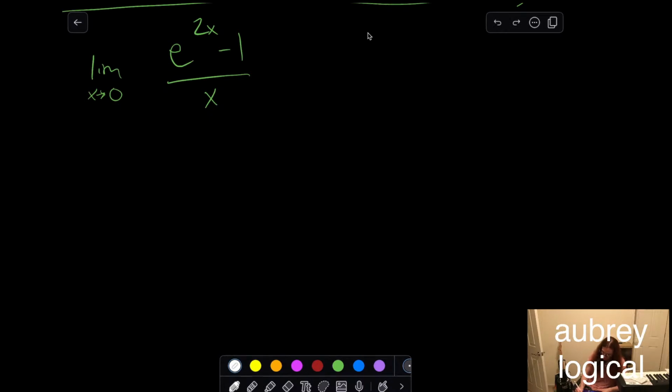So e to the 0 is actually equal to 1, minus 1 is going to be equal to 0 over 0. 0 over 0 is indeterminate. Since we have this in a quotient, it's e to the 2x minus 1 divided by x. Since we have that, it's already in the form we need to do the L'Hopital rule.